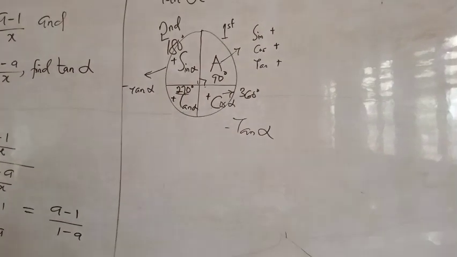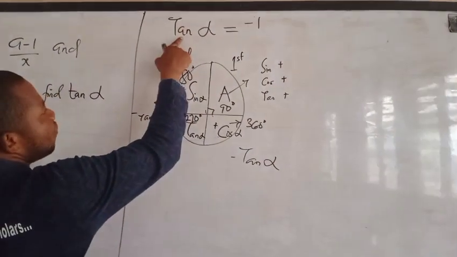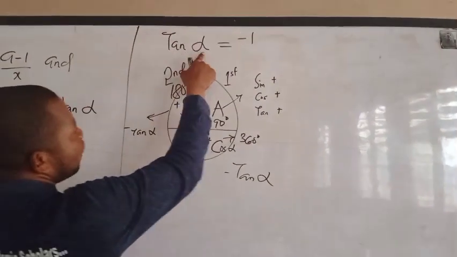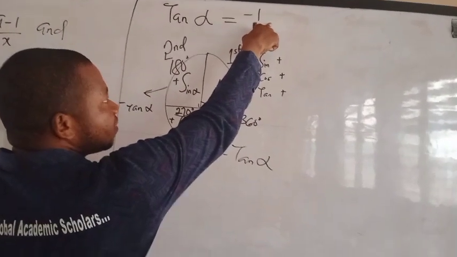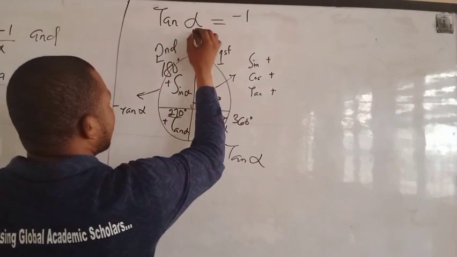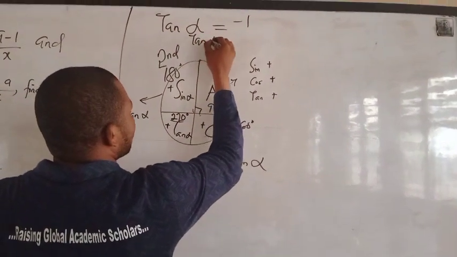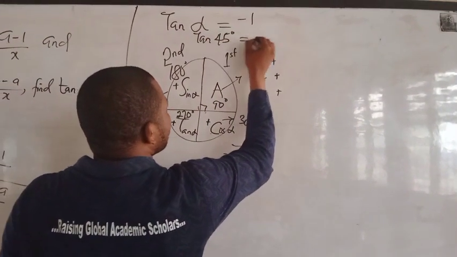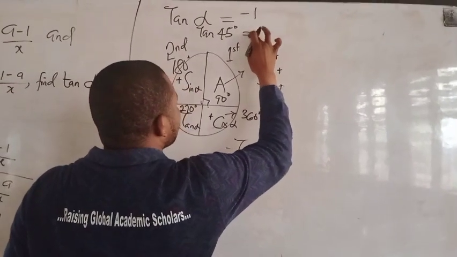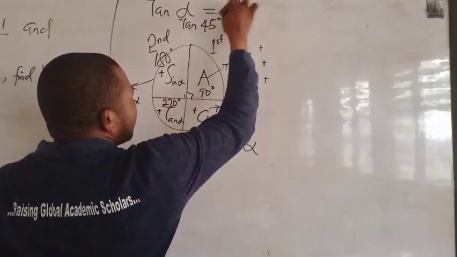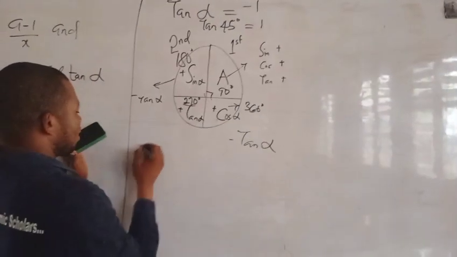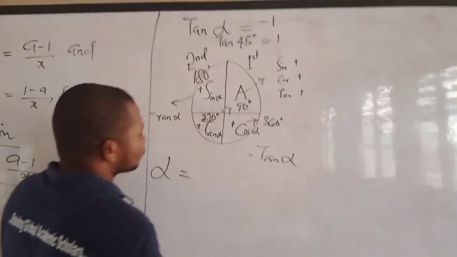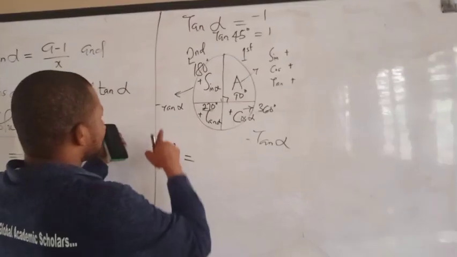Now, what does this imply? From here, we've already known that tan alpha is equal to -1, meaning that tan is negative. But we know that tan 45 degrees equals 1, and what we're having here is -1. So for us to get our actual angle, where is the place where tan is negative?